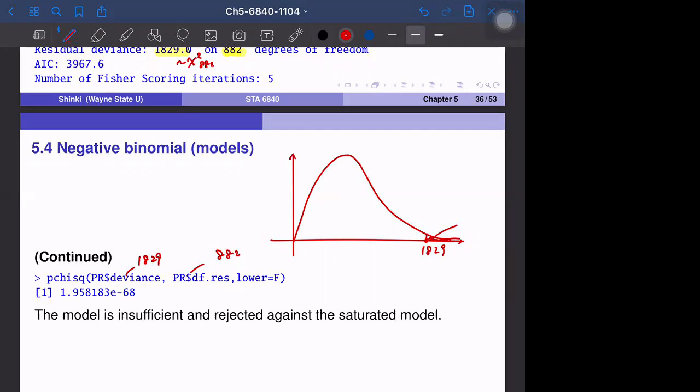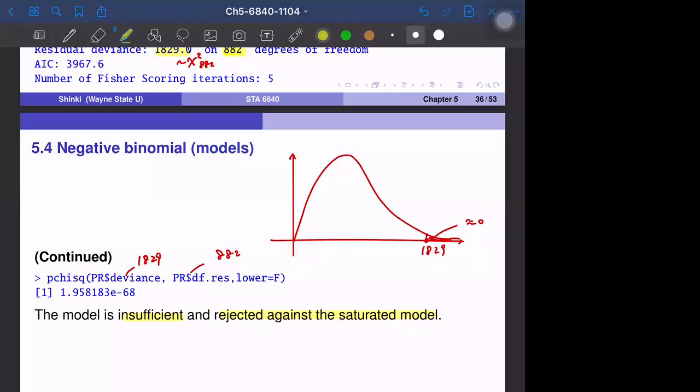So this probability is almost 0. So the model is insufficient against the saturated model; the model is rejected against the saturated model. So we have to improve this. Maybe we missed some variables.